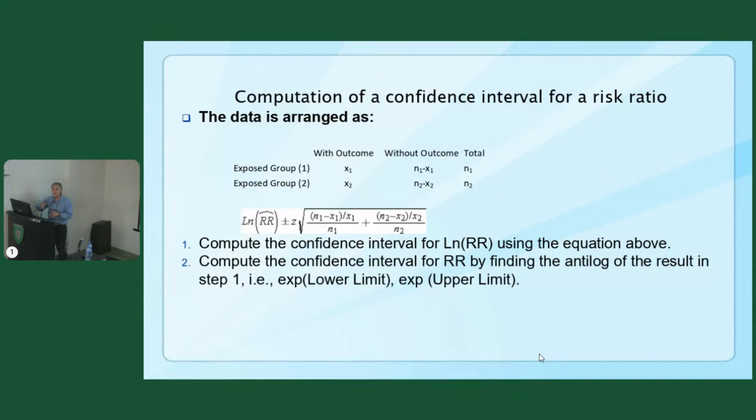And when you take the logarithm of that, you bring it to normality because you need to use the Z. Z is the standardized normal. It's a bell-shaped curve. But the curve that you actually have for all possible RR, all possible IRR, all possible odds ratios you're going to see later on, they're skewed to the right. They're kind of a gamma distribution. If you have a gamma distribution, you take the logarithm of every value, and that distribution becomes a normalized distribution. You could bring them to the center. That's why you're doing this, folks.